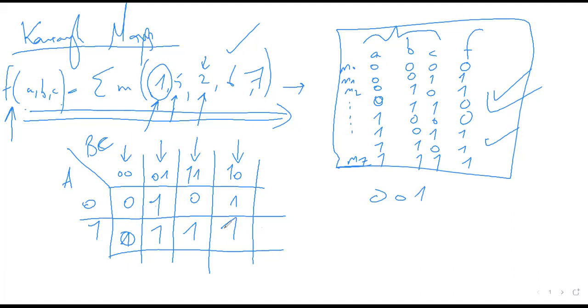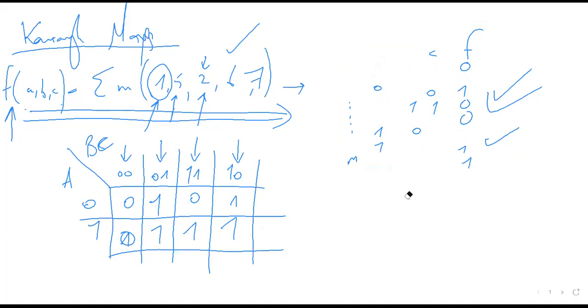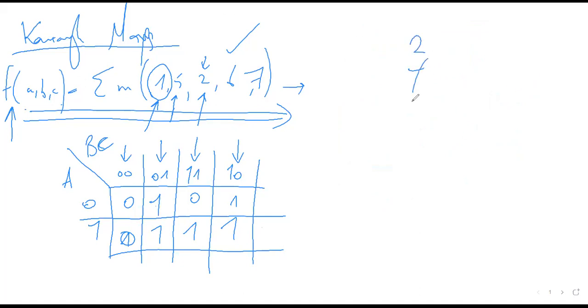From the Karnaugh map, we go to the simplification. How do we simplify? Simplifying starts with identifying groups of ones. The groups of ones can be in pairs, fours, eights, or 2 to the power of n, where n is greater or equal to 1.